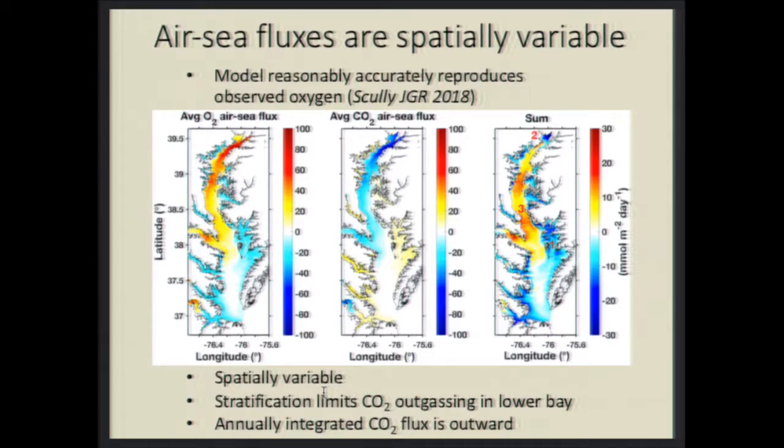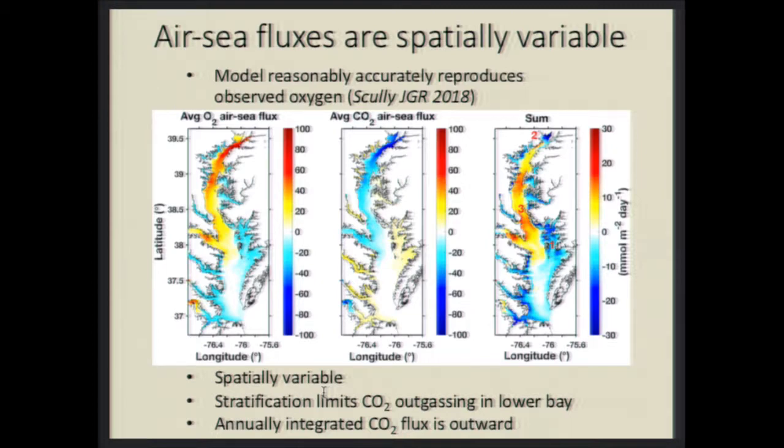It's a model of the Chesapeake Bay using the regional ocean modeling system that Julia just mentioned. This model reasonably accurately reproduces observations of oxygen, which Malcolm showed yesterday. Here I'm just showing a plan view of the annually averaged O2 on the far left and CO2 in the middle, air-sea fluxes from the model output.